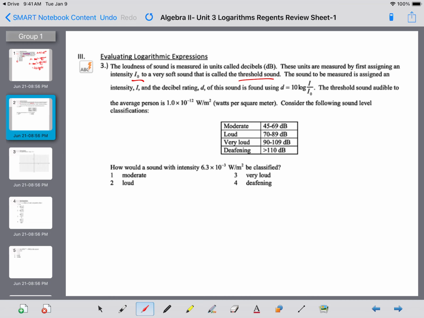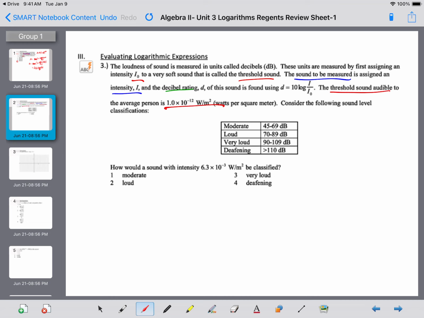The sound to be measured is assigned an intensity I, and the decibel rating D of this sound is found using this formula. The threshold sound audible to the average person is that number right there.